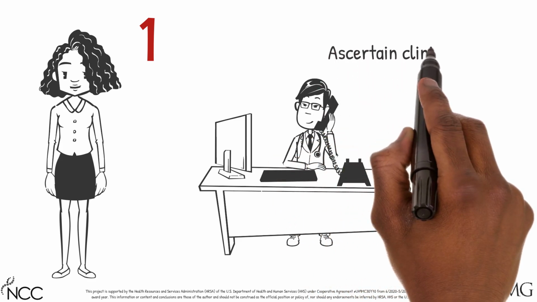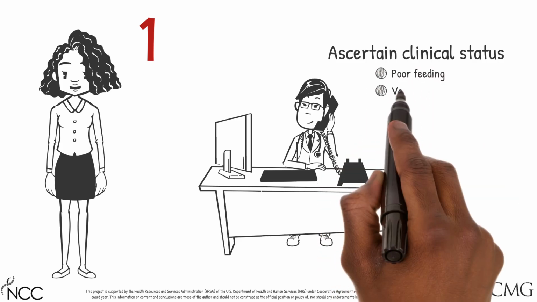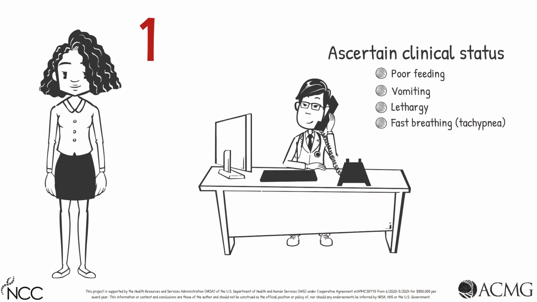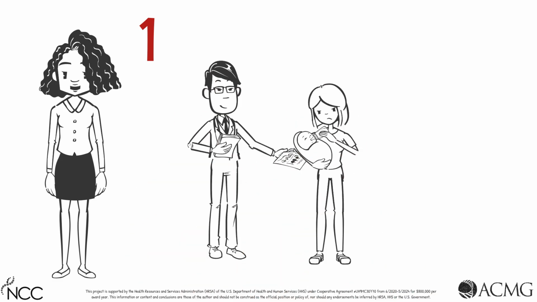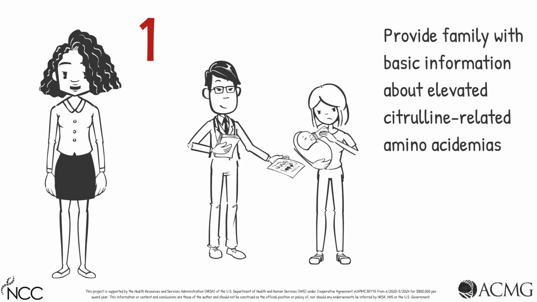Ascertain clinical status, paying close attention to signs like poor feeding, vomiting, lethargy, or fast or shallow breathing, called tachypnea. Provide the family with basic information about the amino acidemias associated with elevated citrulline.